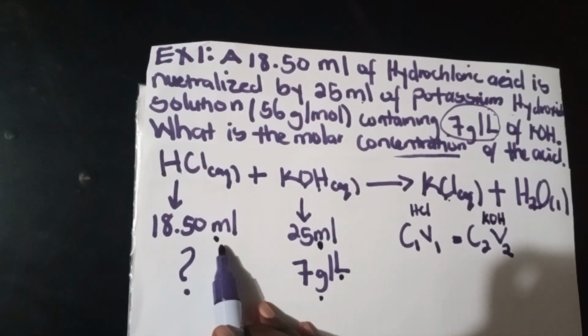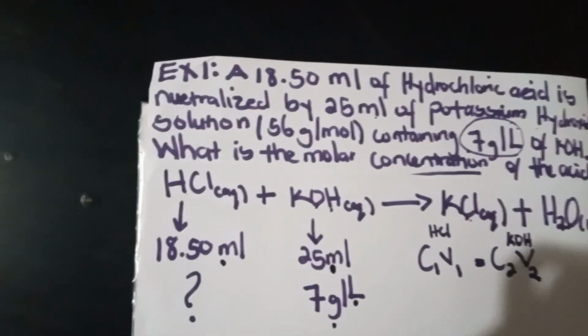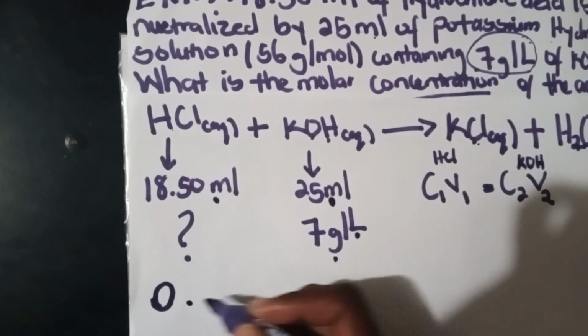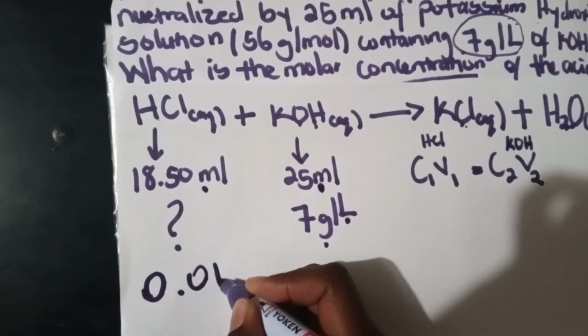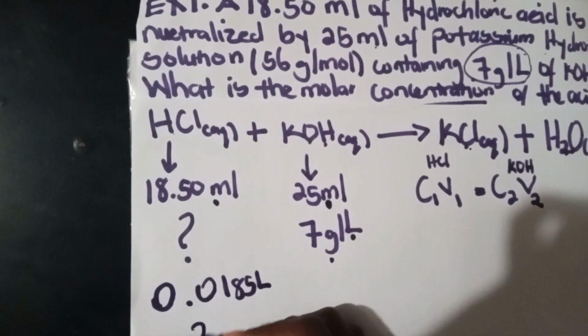So 18.50 ml to liters will give us 0.0185 liters, the question mark here.